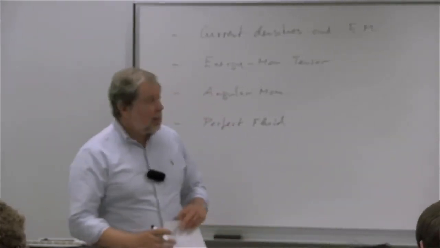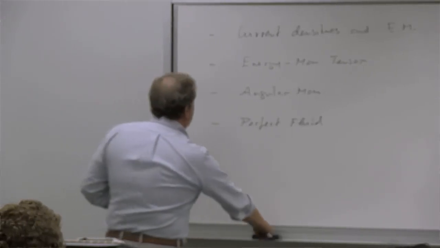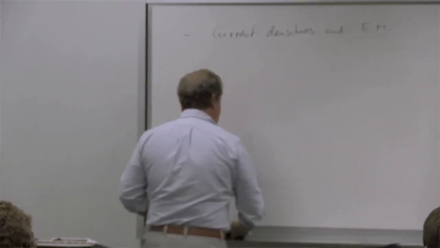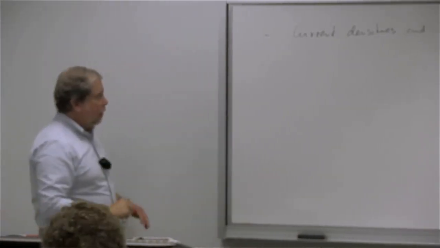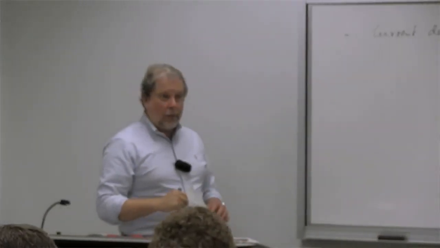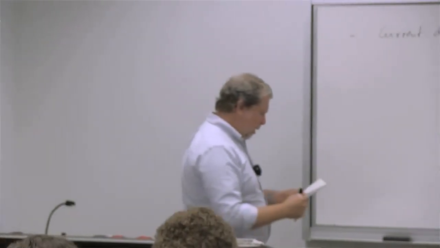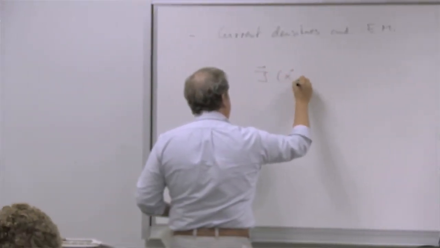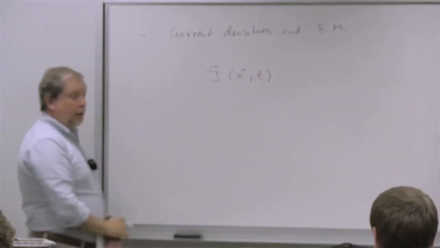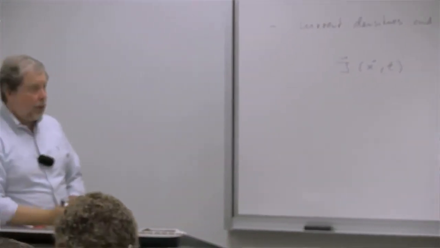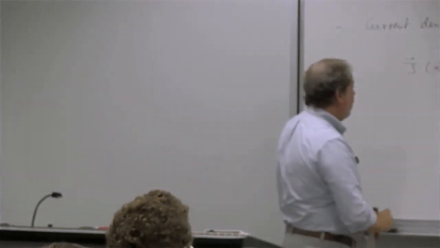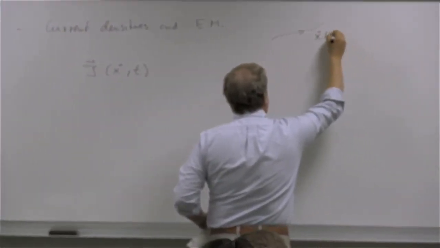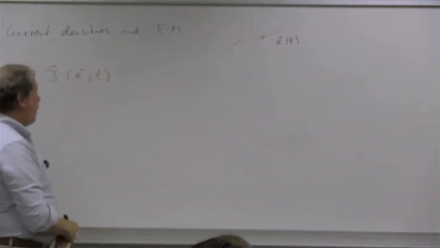So let's get started first on the current density and electromagnetism part. What I want to show you is that the current density in electromagnetism can be written as a 4-vector. So what we first do is we write down the current for a single particle, or maybe a combination of particles, but it will be simplest to just deal with a single particle. So we have a single particle that follows some trajectory, which depends on the time.